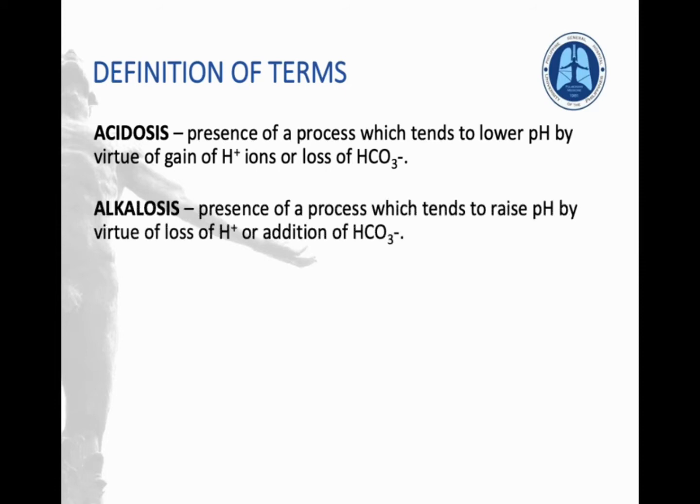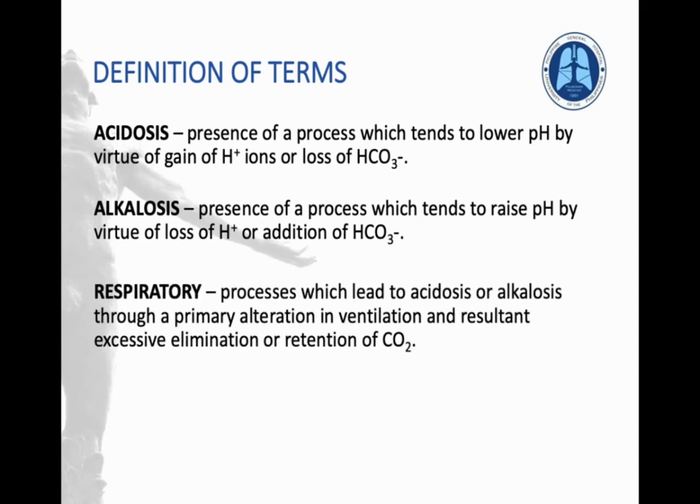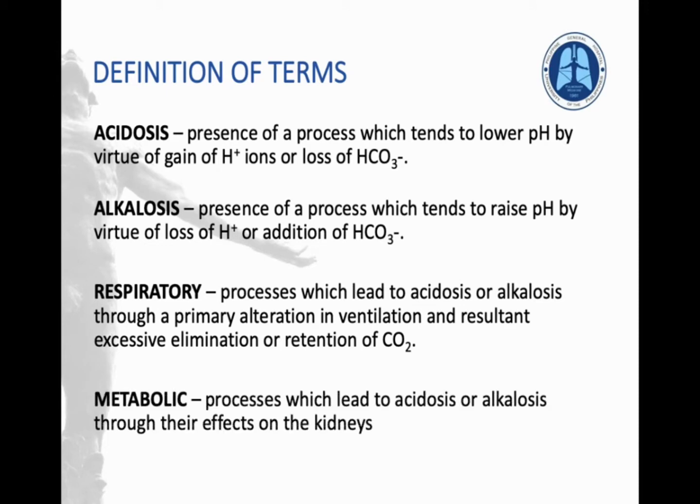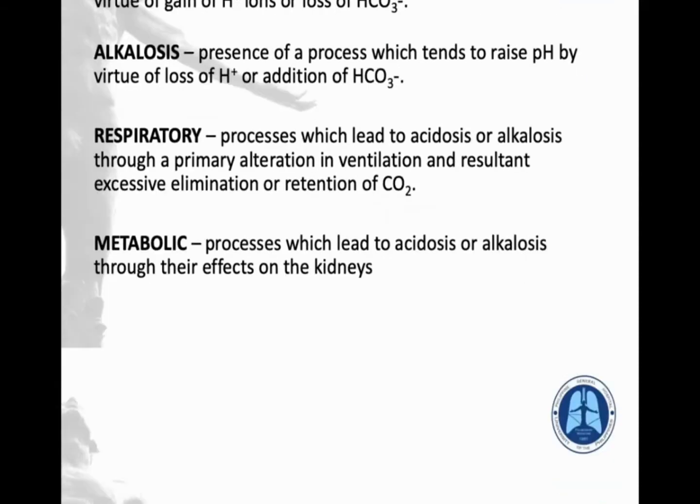Alkalosis, presence of a process which tends to raise pH by virtue of loss of hydrogen ions or addition of bicarbonate. Respiratory, process which lead to acidosis or alkalosis through a primary alteration in ventilation and resultant in excessive elimination or retention of carbon dioxide. Metabolic, process which lead to acidosis or alkalosis through their effects on the kidneys.